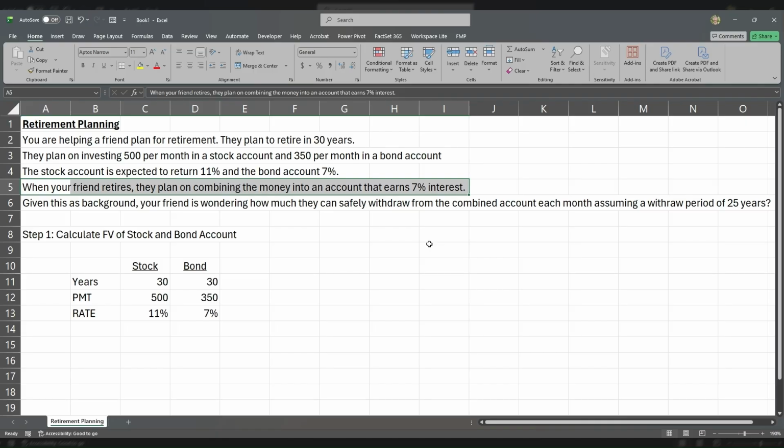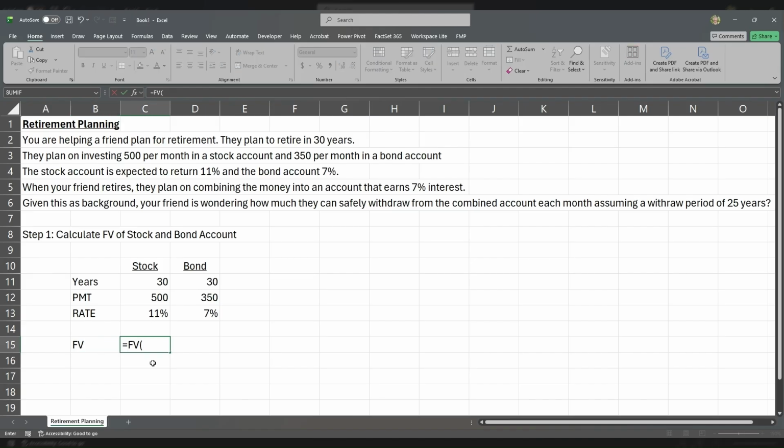Based on all of this, what we need to do is calculate the future value. So I'm going to type equals FV, and I have rate, NPER, which is going to be 30 times 12, because they're making these payments per month, which means there are going to be 30 times 12 total payments.